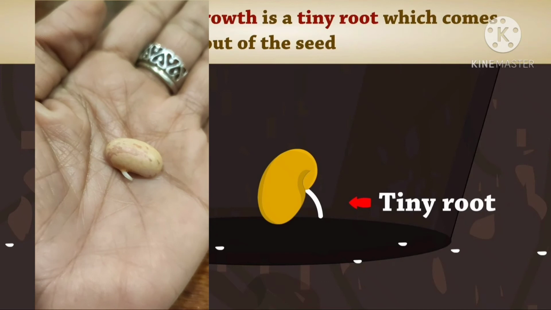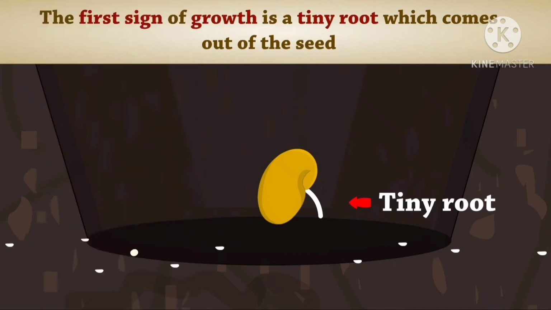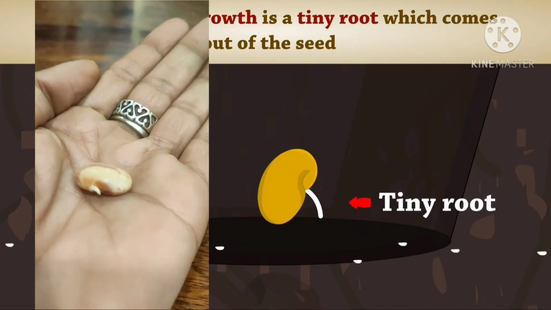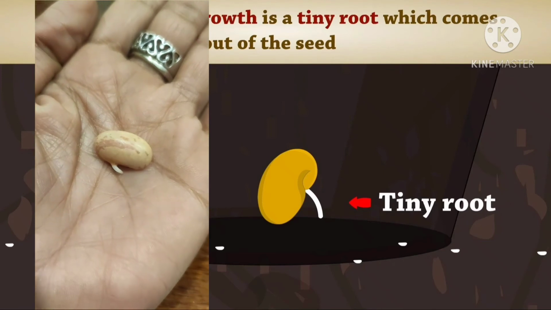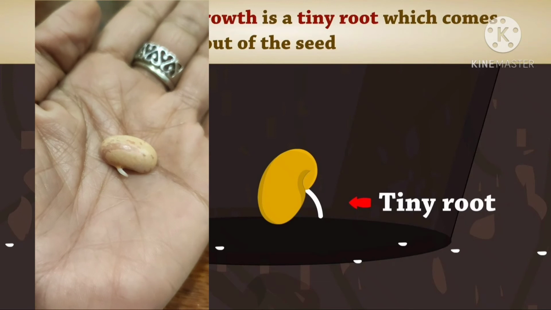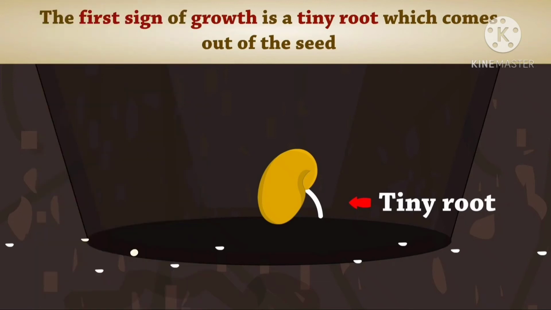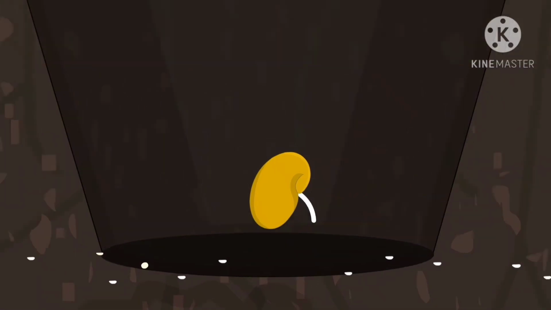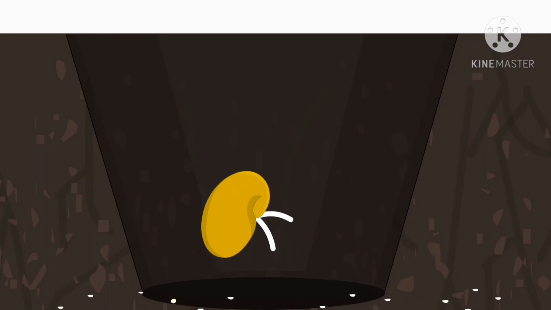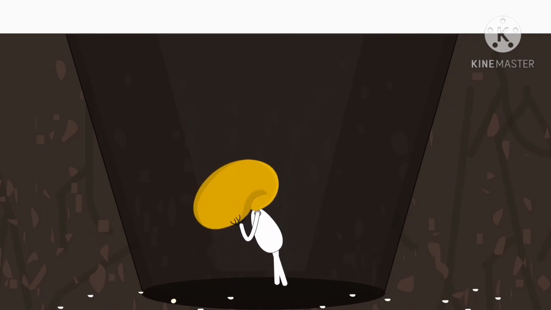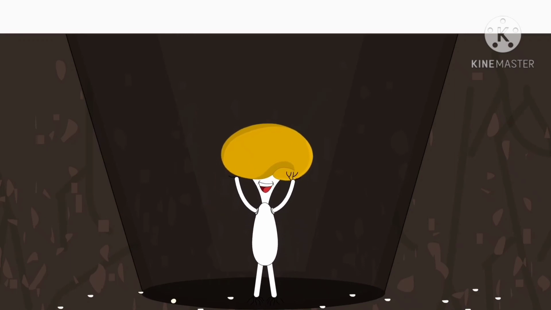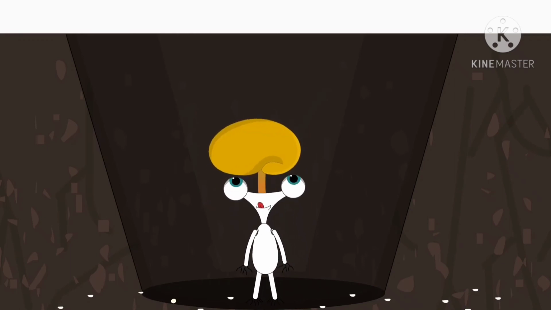So the white tiny thing that you see from your seed right now is a tiny root. What is it, children? It's a tiny root which has just started to grow from your seed, and this tiny root, children, will keep growing longer and longer.